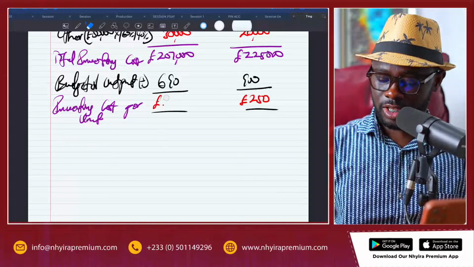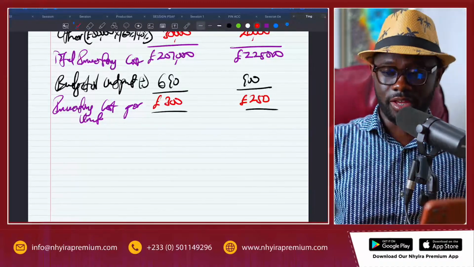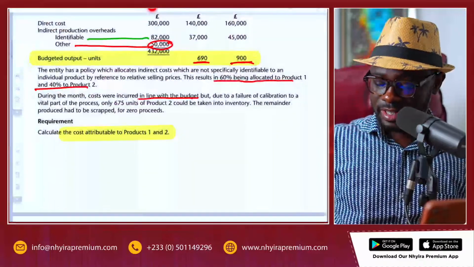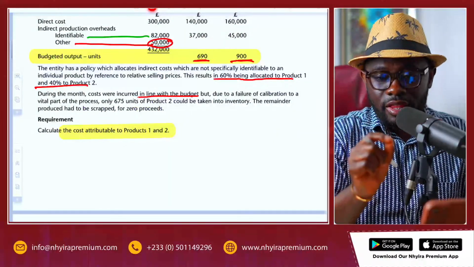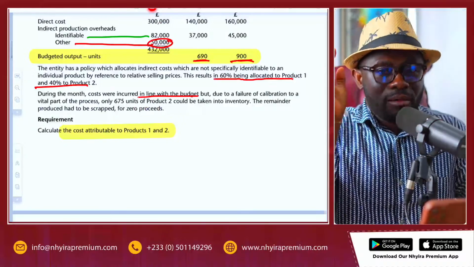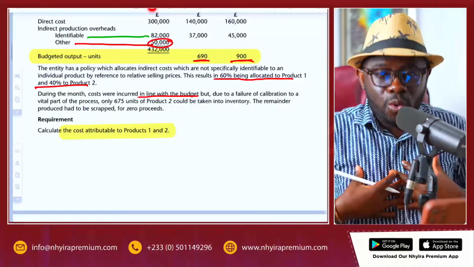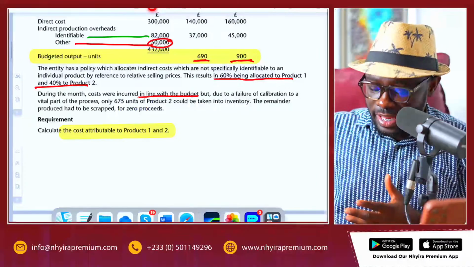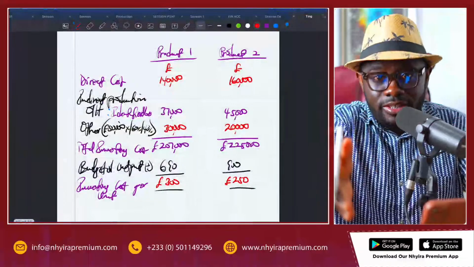All right. So this is the inventory cost per unit as per the budget. Again, they said during the month, costs were incurred in line with the budget. So that's why we know that in the current month, the actual cost they incurred will be this.